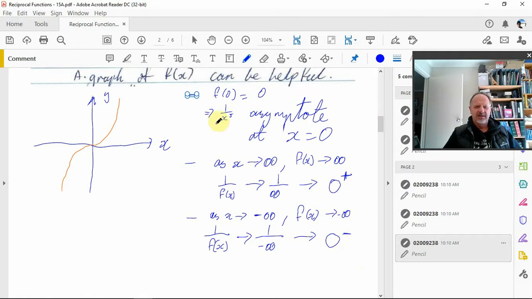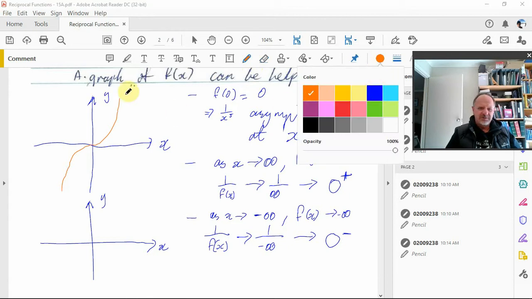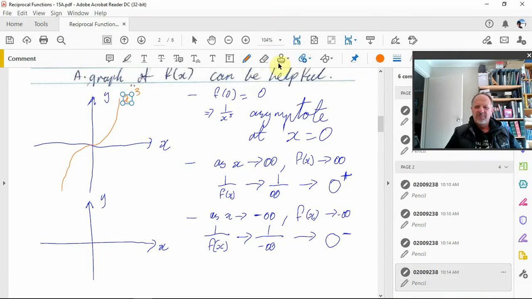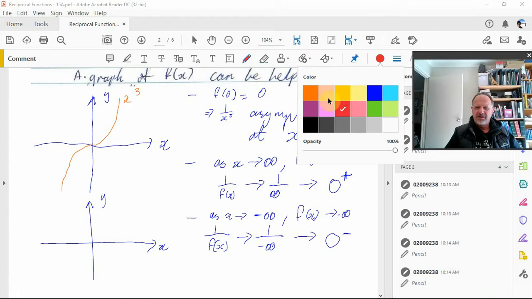All right, so let's see, how do we draw that? I'm going to draw it here. This was x cubed. And what I'm going to do down here is the reciprocal, so 1 on x cubed.